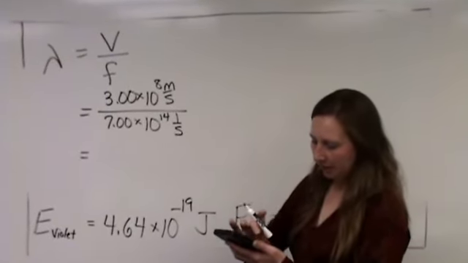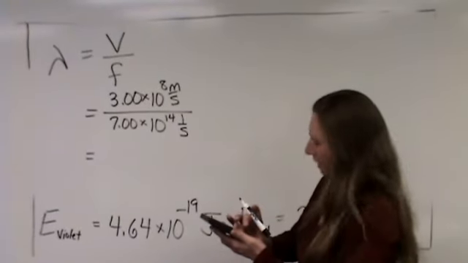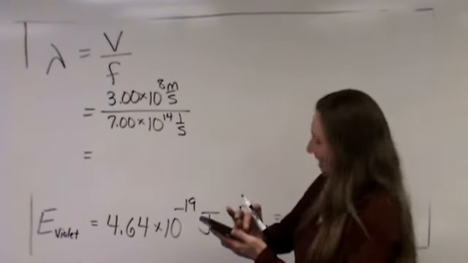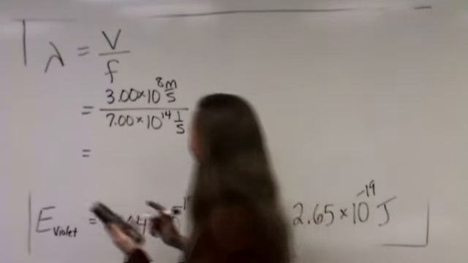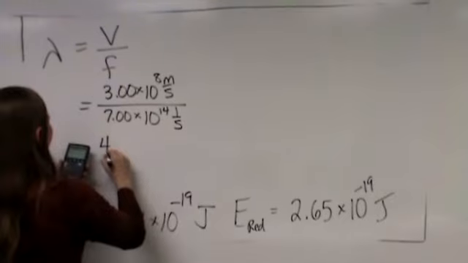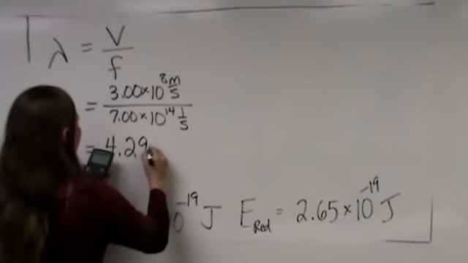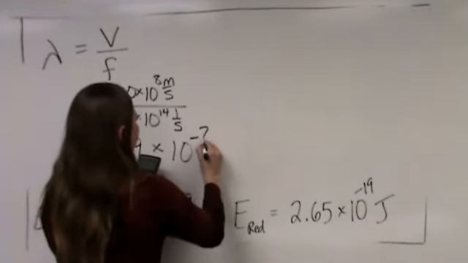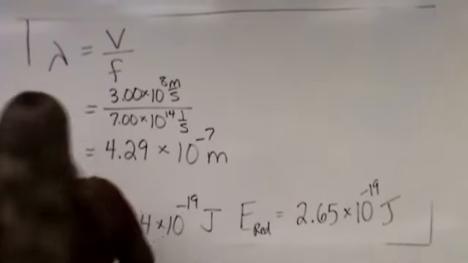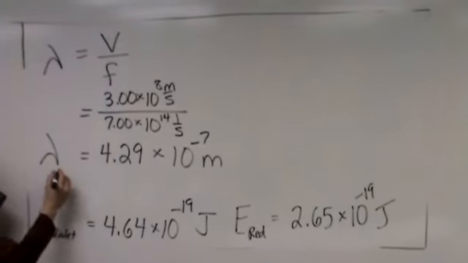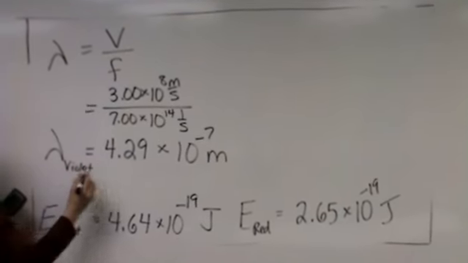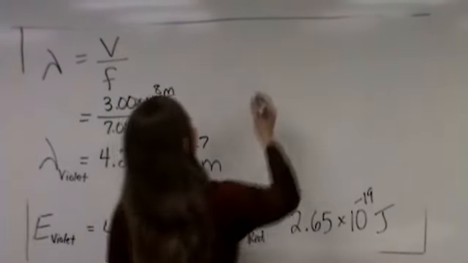3 E8 divided by 7 E14 is 4.29 times 10 to the negative 7 meters. All right, this is a wavelength for violet light. Now, what about the red?